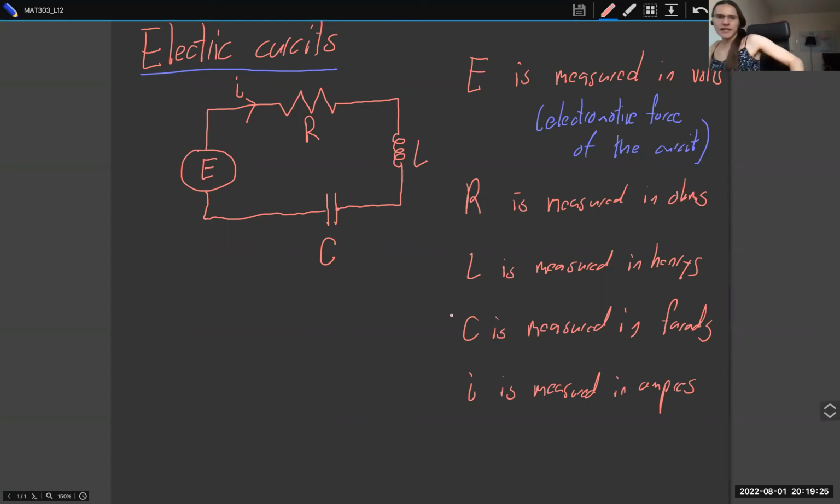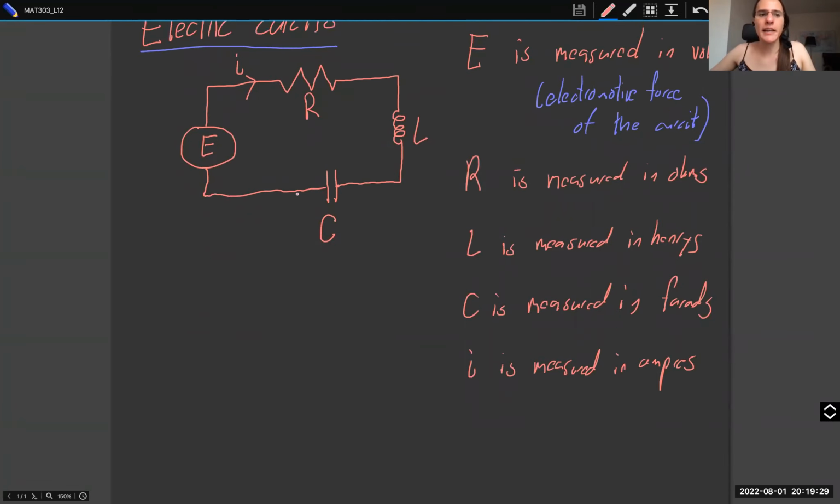And so how electric circuits work is that it doesn't make sense to measure voltage in absolute units by an instrument, but it makes sense to measure voltage as a difference. So you can take a voltmeter and connect it here and here. And what it does is it measures the voltage change from here to here.